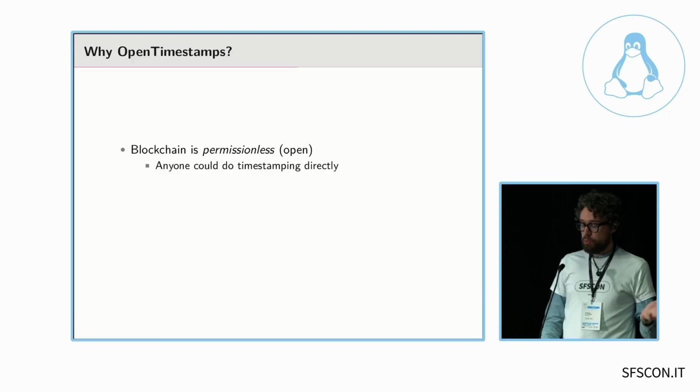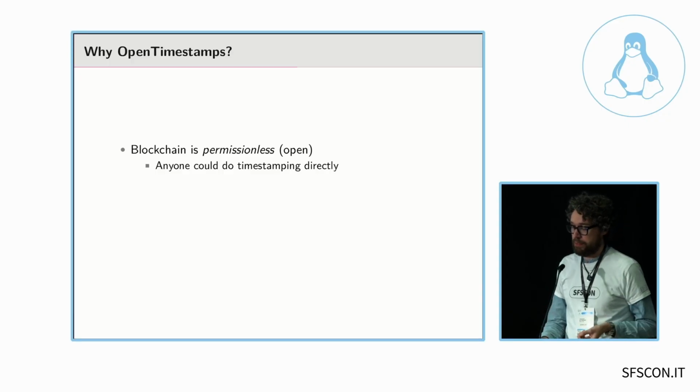So, what is OpenTimestamps? OpenTimestamps is a way to use the blockchain that is permissionless, so it's open. Anybody can use it without asking permission. So anyone could do timestamping directly.